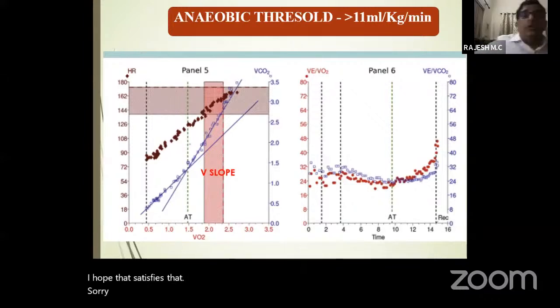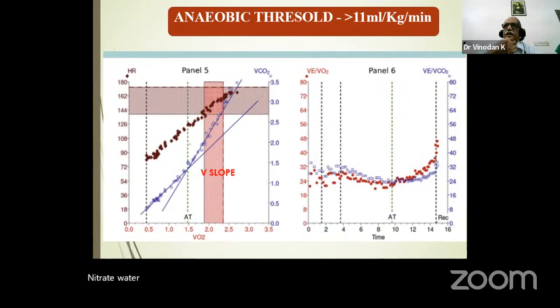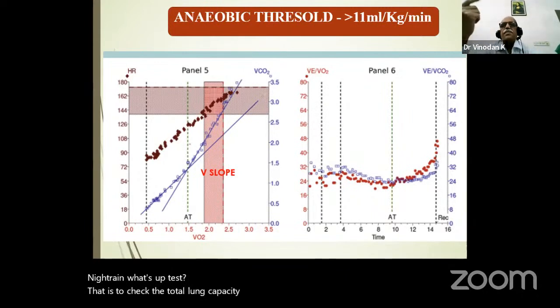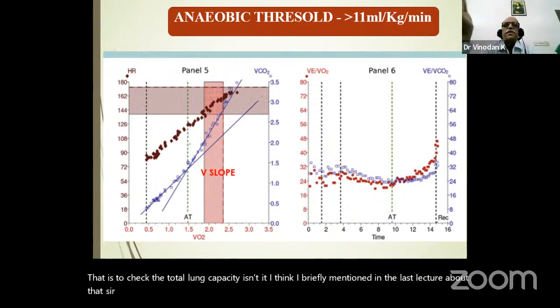There's another query, I think from YouTube: the nitrogen washout technique for restrictive lung disease. That is to check the total lung capacity, isn't it? I think I briefly mentioned it in the last lecture. There are two methods: single breath nitrogen washout and multiple breath nitrogen washout.